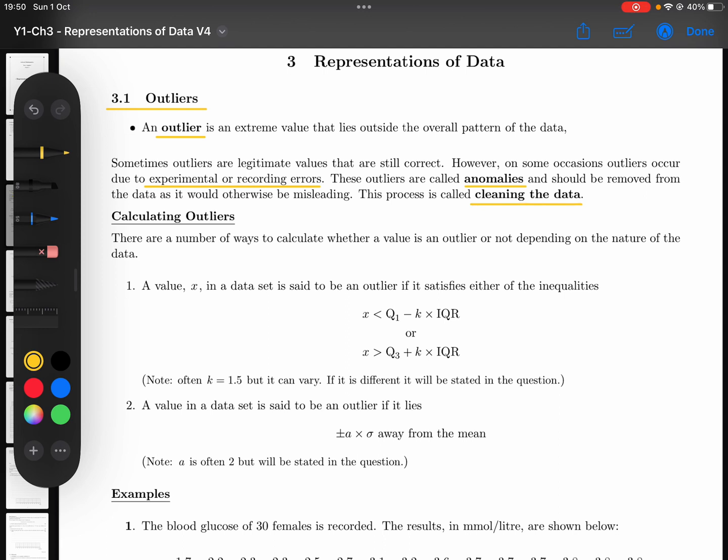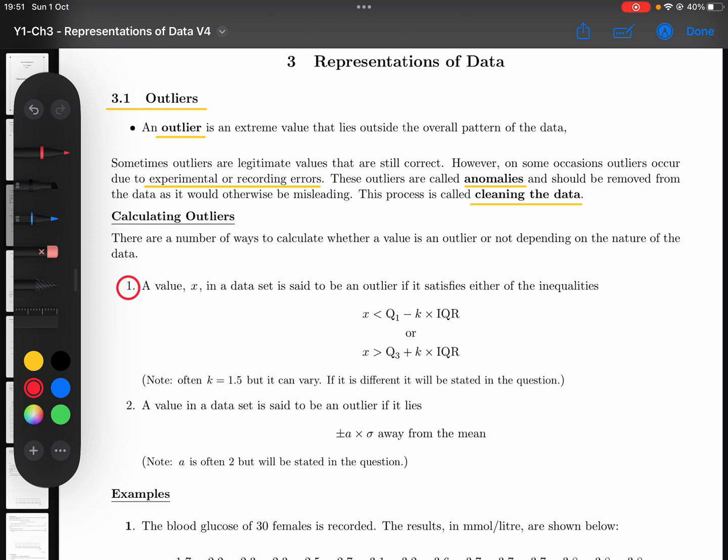So in this video, you should be comfortable using two methods to calculate outliers. Method 1 uses a formula based on quartiles and the interquartile range. Specifically, a value x in a dataset is said to be an outlier if it satisfies either of the inequalities.